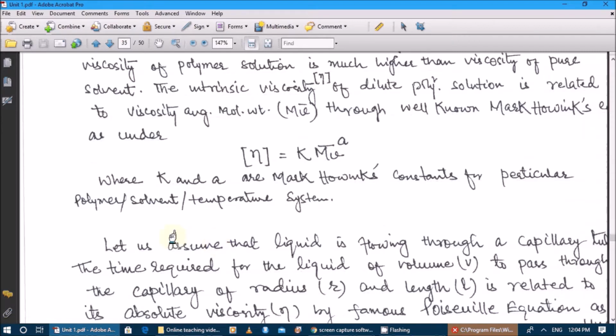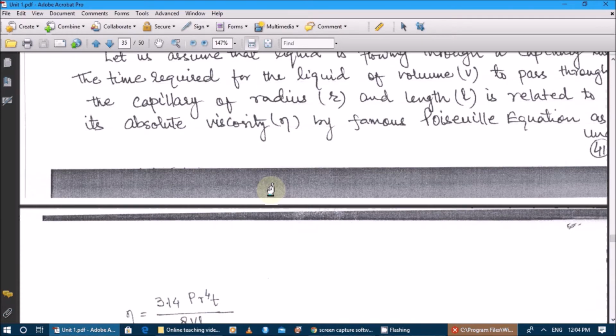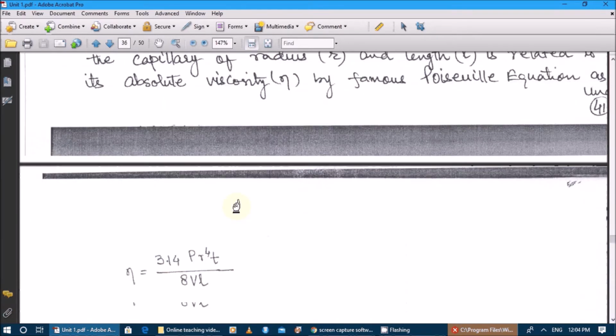temperature system. Let us assume that the liquid is flowing through a capillary tube. The time required for the liquid of volume V to pass through the capillary of radius R and length L is related to its absolute viscosity eta by the famous Poiseuille equation as given under.